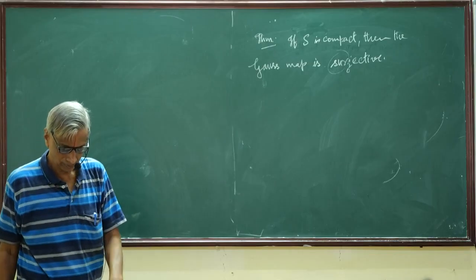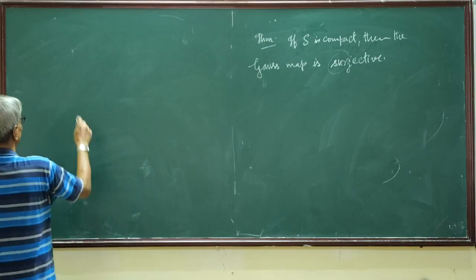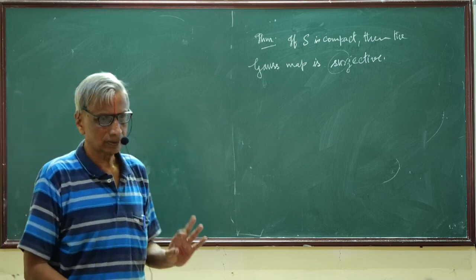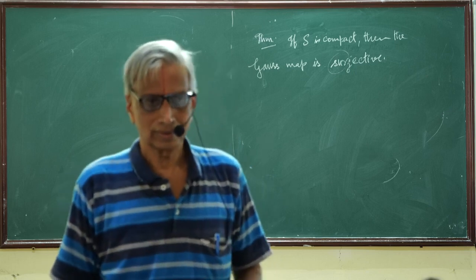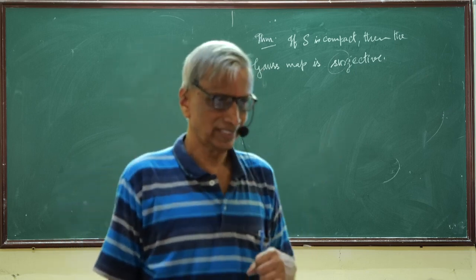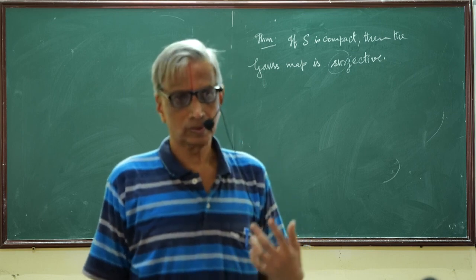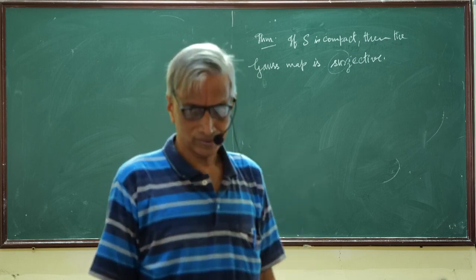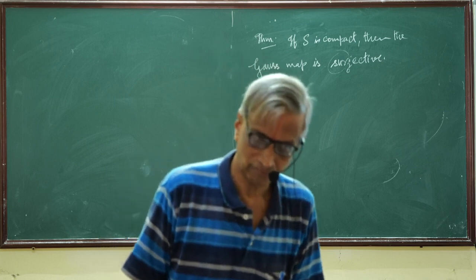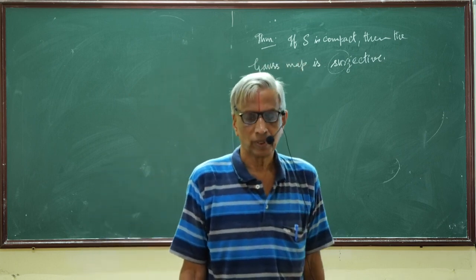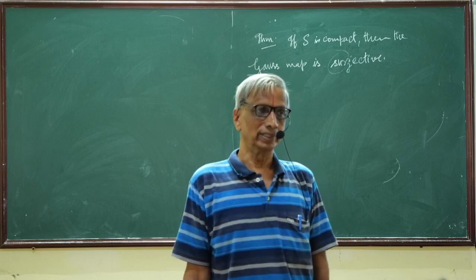Before that, maybe I'll say a few things about what are called, in classical terminology, the fundamental forms associated with the surface. What is called the first fundamental form and the second fundamental form. So what is a form here?